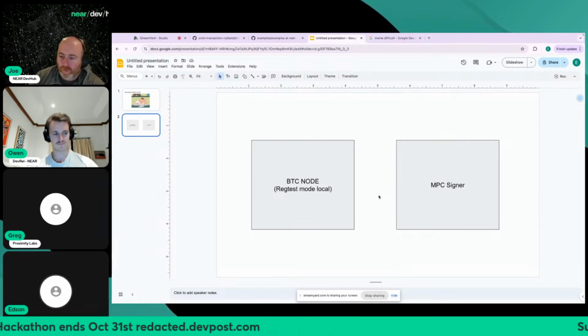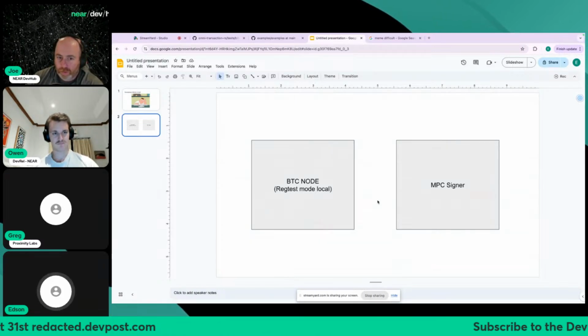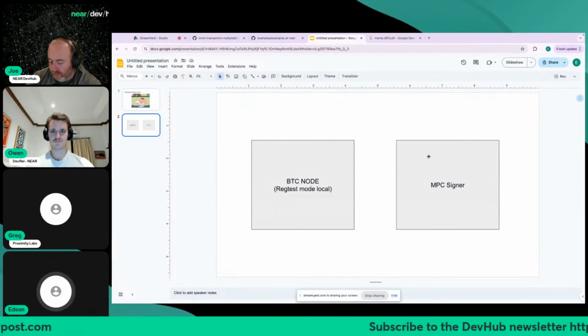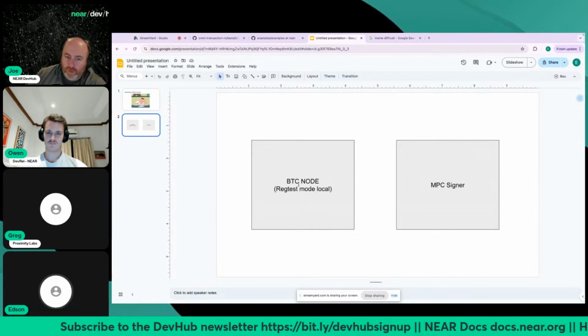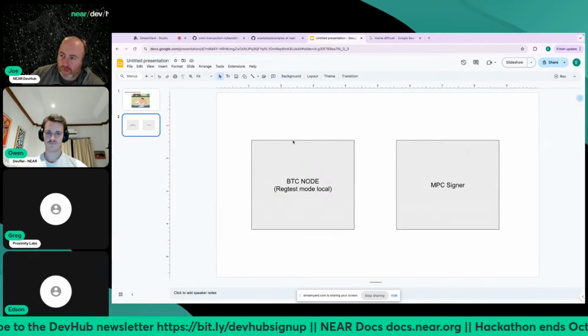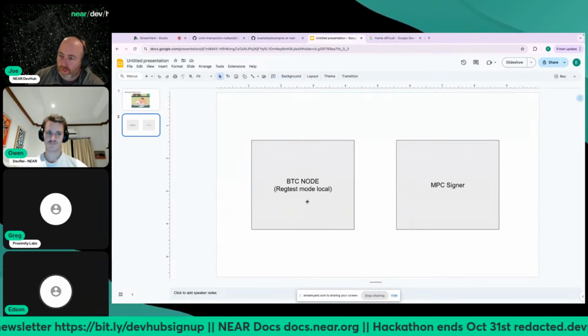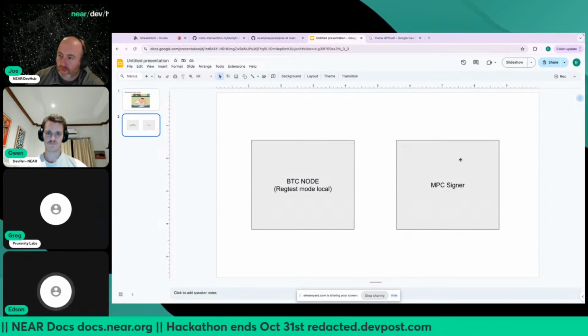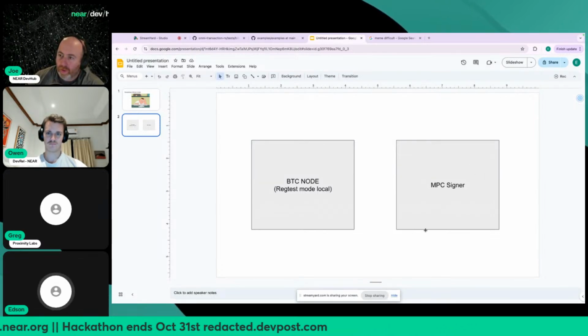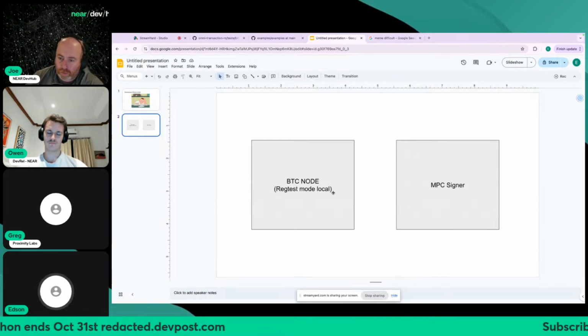The cool thing about this is that you literally can sign on the MPC signer side, and you can propagate that transaction to the BTC node in local development mode on your computer, because the signatures created by the MPC signer are valid in the BTC node.